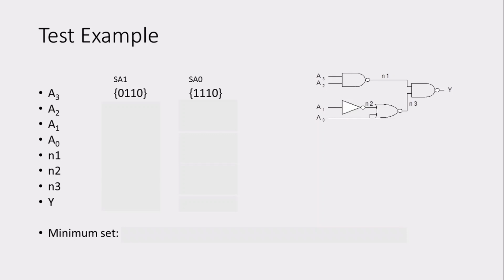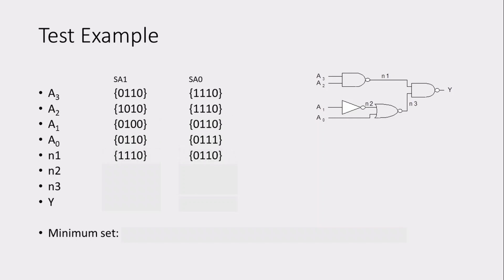If I want to check A2, I'll give 1 0 1 0 as my input combination, and to check stuck at 0, I'll give the same input combinations. Similarly for A1, these are the different input combinations we can give for all these inputs.